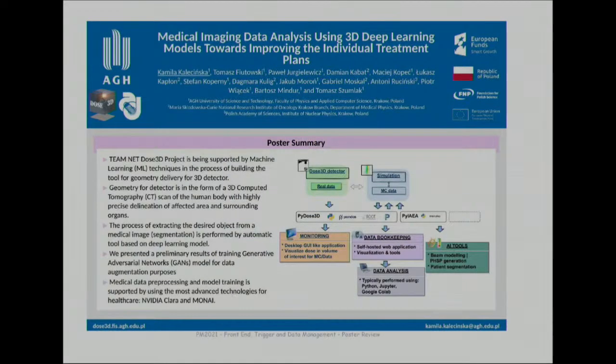From the same collaboration, also in this session, a pure software project. This is the use of deep learning for segmentation. Segmentation means that on a computer tomography image, you outline the region that has to be treated in radiotherapy, that is, the region where the tumor is. This is usually done by medical doctors, and it turns out that when more than one medical doctor does the same contouring on one image, the result is not always the same.